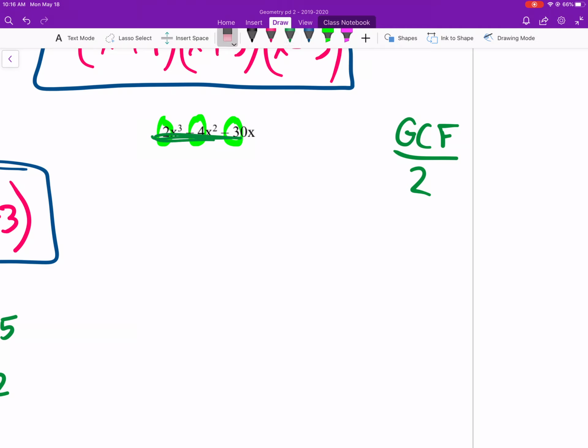Now all of your x values, x cubed, x squared, and x. Guys, they all have at least an x to the first power in common, so that's included in your GCF. So your GCF here would be 2x. Each of these terms, divide them out by 2x.